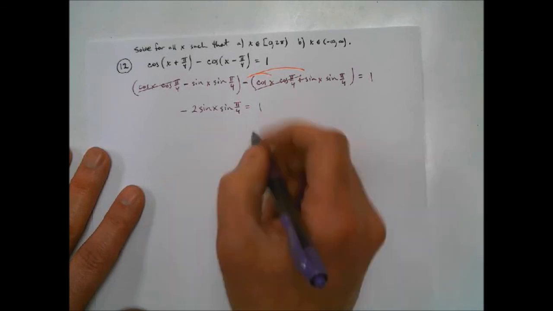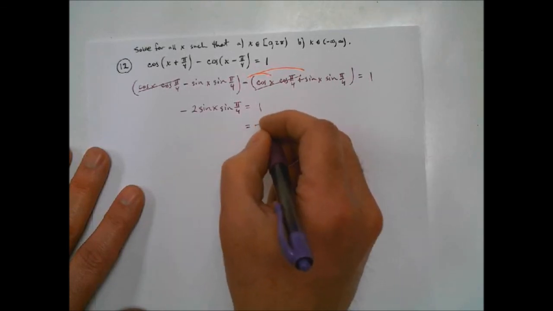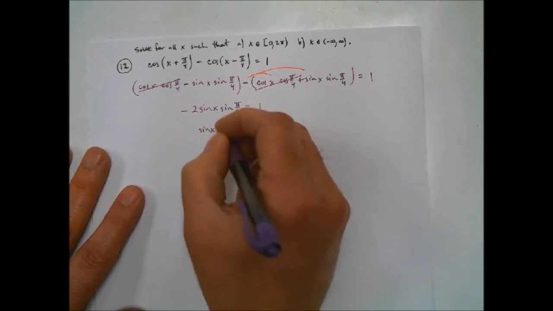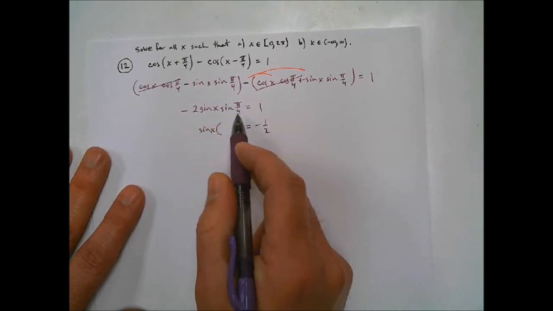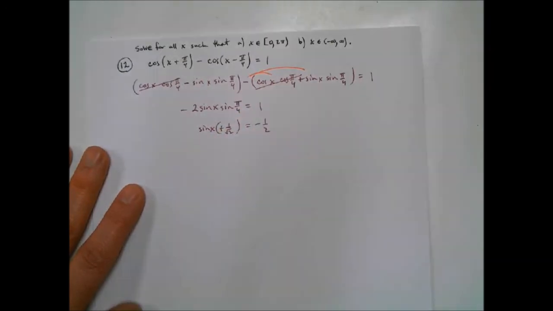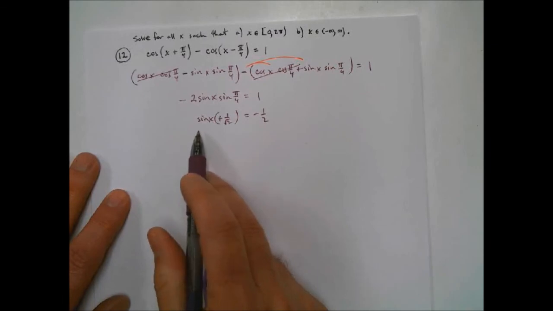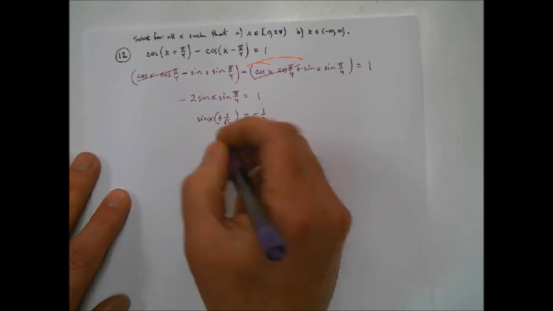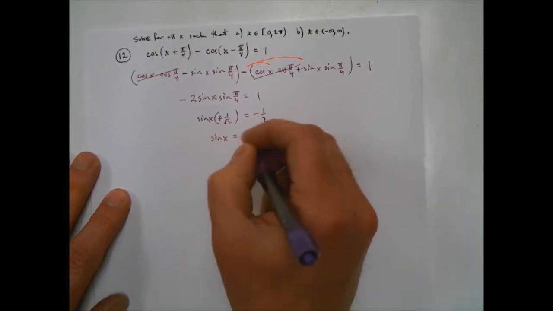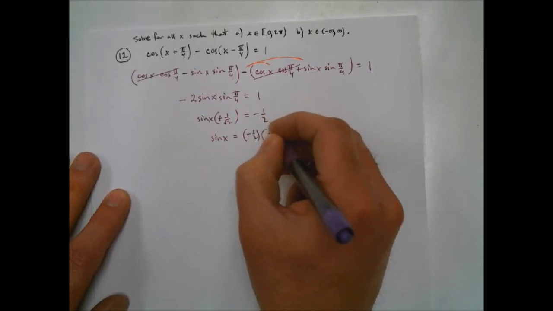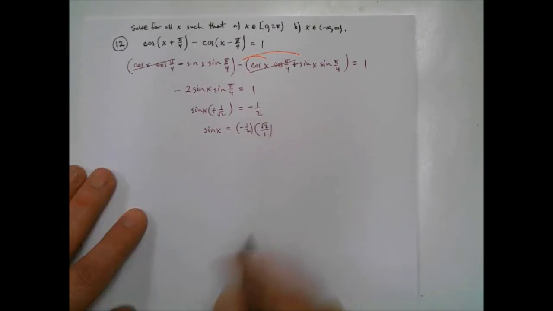We'll divide by negative 2, so I get negative 1/2, and I also have sine x, and sine pi over 4, it's quadrant 1, so positive 1 over root 2. Now we're trying to solve for x, so we probably want to try to get the sine x by itself. So if I move the positive 1 over root 2 to the other side, we have sine x equals negative 1/2 times positive root 2 over 1.